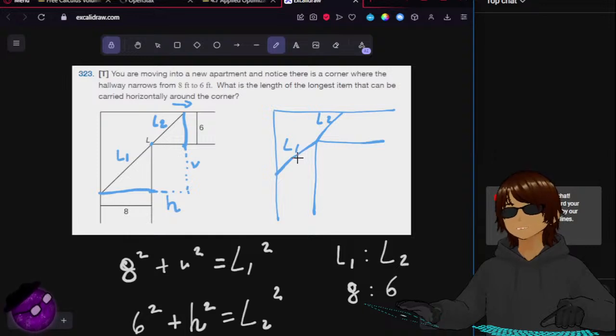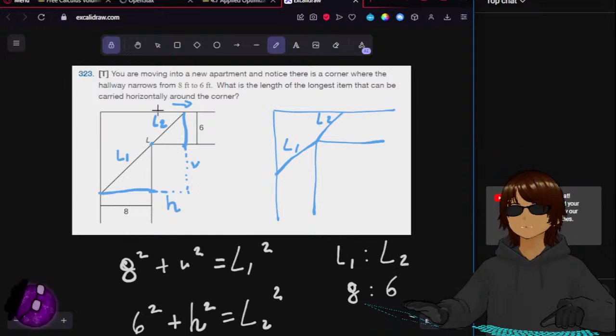I think I will have to look at the answer. Wait. If I look at this line over here, it's 8 and it's at here.